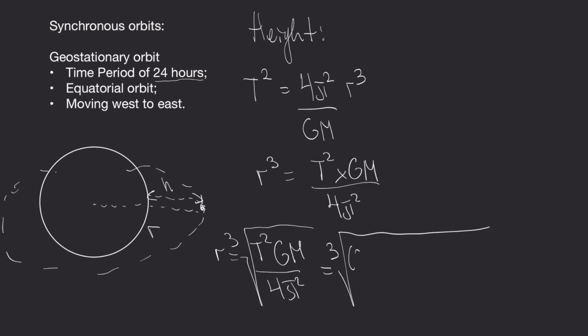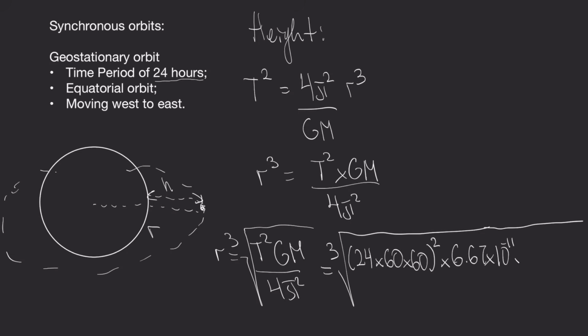So for the time period, I'm going to put 24 multiplied by 60 times 60, because it's 24 hours, each of them has 60 minutes, each of them has 60 seconds. And then I'm not going to forget to square that. Multiply this by G, which is 6.67 times 10 to the negative 11.